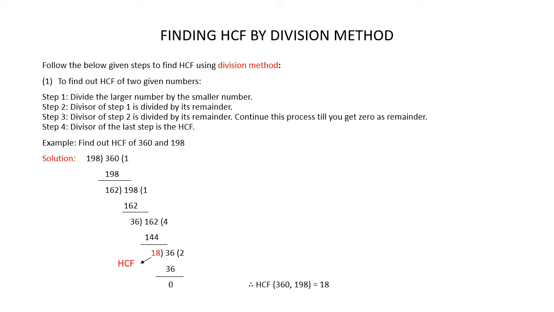Now the divisor of step 3 is 36. Remainder is 18. So when you divide 36 by 18, you will get 0 as the remainder. So now the divisor of the last step is 18. So 18 is the HCF. So HCF of 360 and 198 is 18. Hope you understood this method.